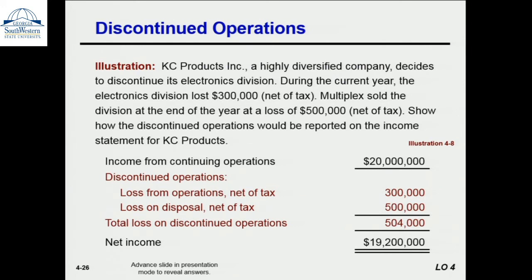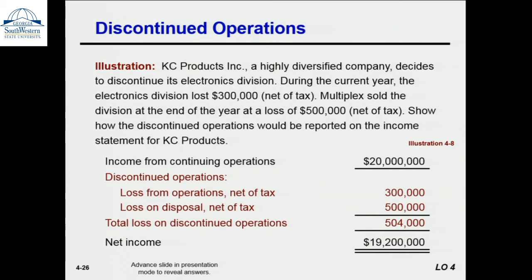Okay, so the other kind of unusual thing about this is it says net of tax. So these discontinued operations are shown net of tax. So look at the top part of the income statement. Is anything up there shown net of tax? No, the answer is no, okay? Everything up there, you add everything all up, you calculate tax, and you're done.